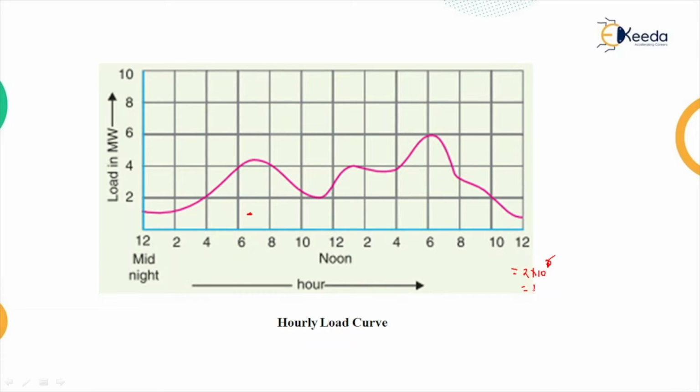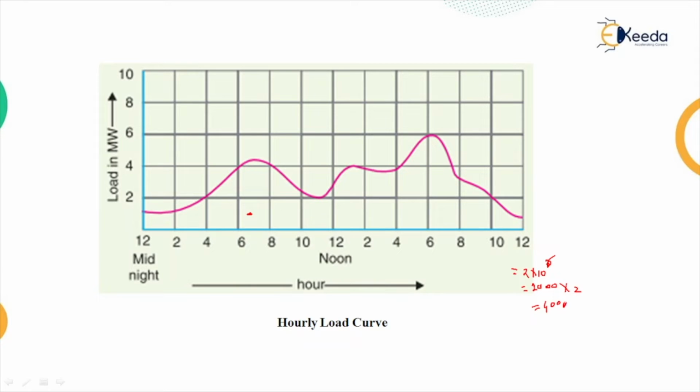So it is 2000 kilowatt. At this point on the y-axis it is 2000 kilowatt, and on the x-axis the time is 2 hours. So the total is 4000 kilowatt hour.